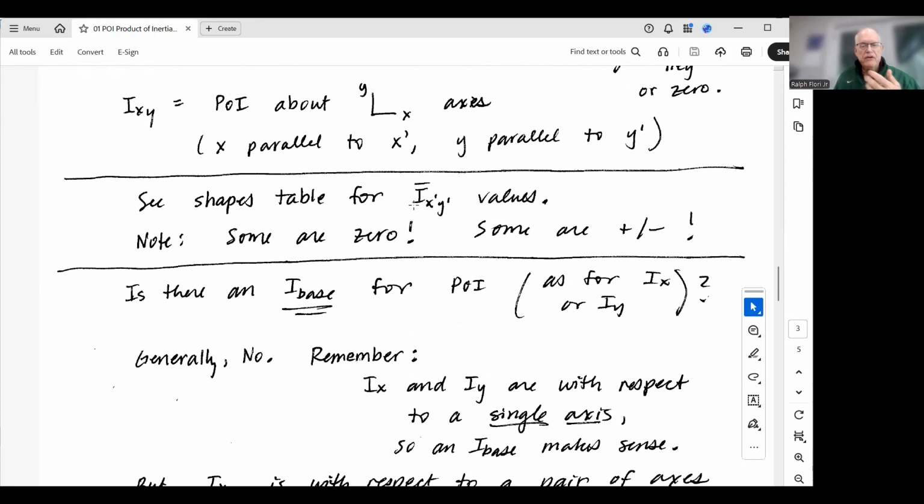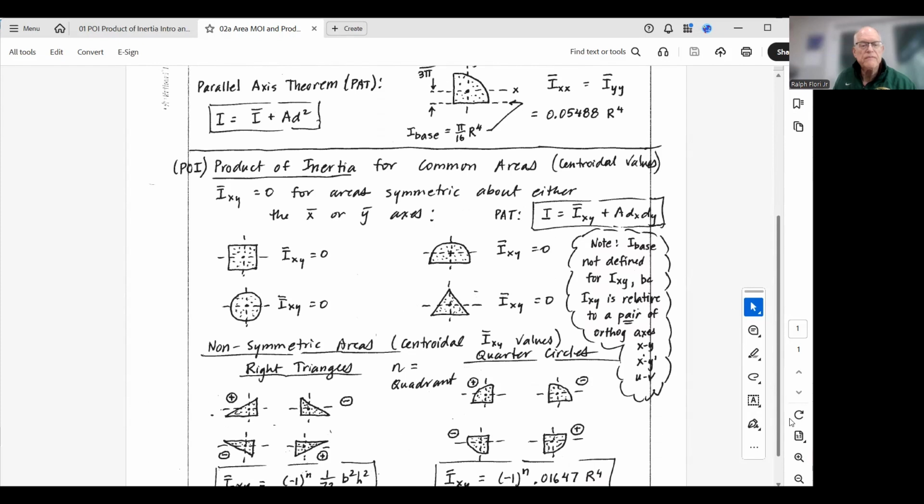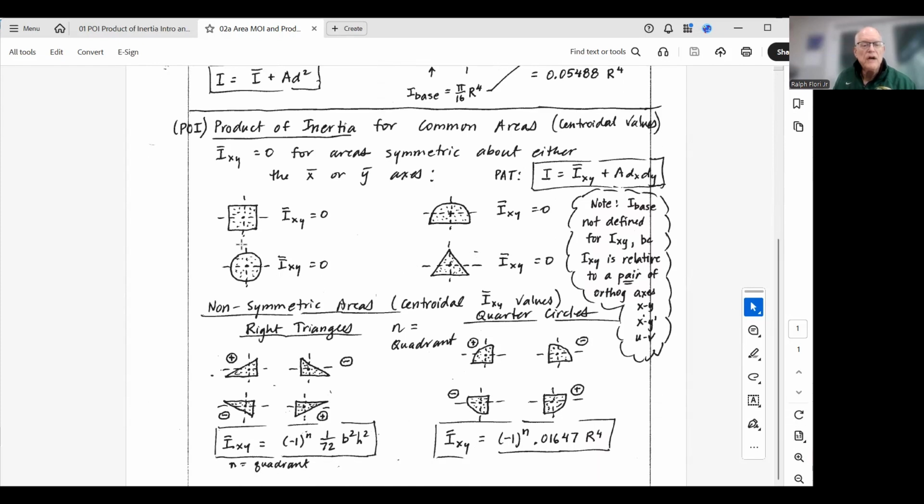We have table values for I bar about the centroidal axes, and some are zero, some are positive, and some are negative. Let me just pull those up. So these are some values for product of inertia. For shapes that have an axis of symmetry, the I bar is zero. So that's easy.